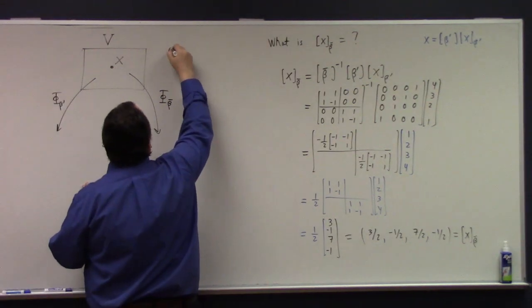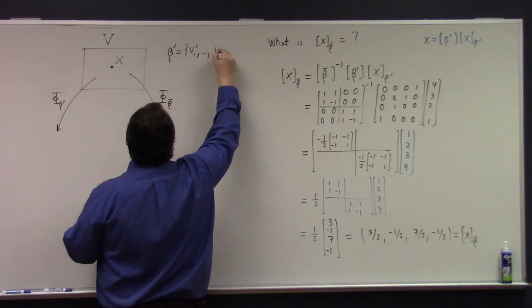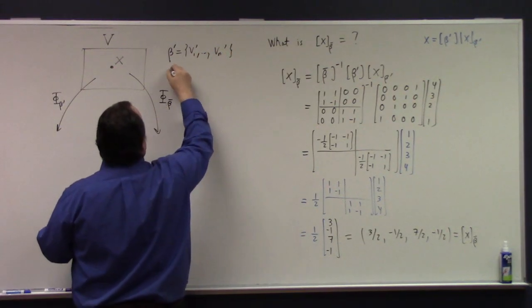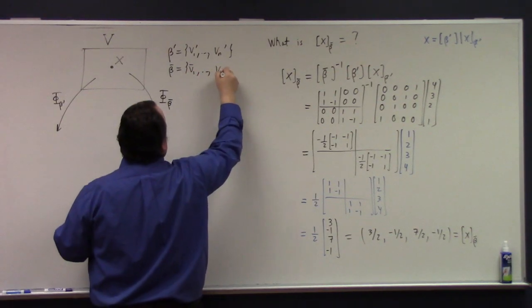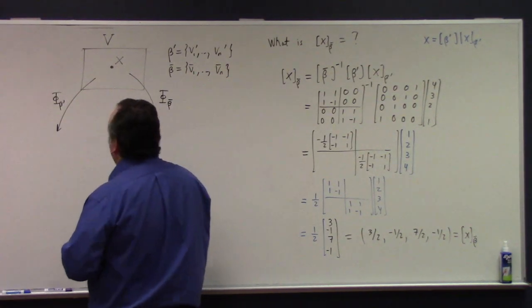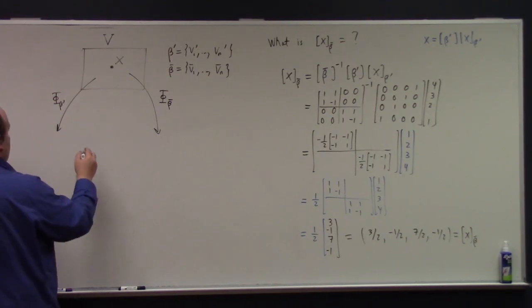So here, beta prime is V1 prime through Vn prime. And here beta bar is V1 bar through Vn bar. But this time I'm not assuming that they're column vectors. So the top box could be a set of polynomials for us or a set of matrices. Okay?